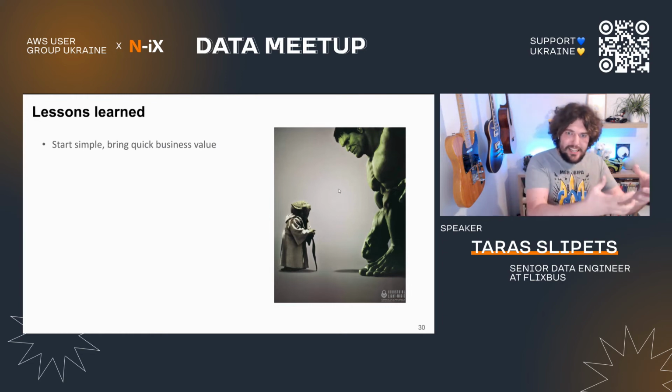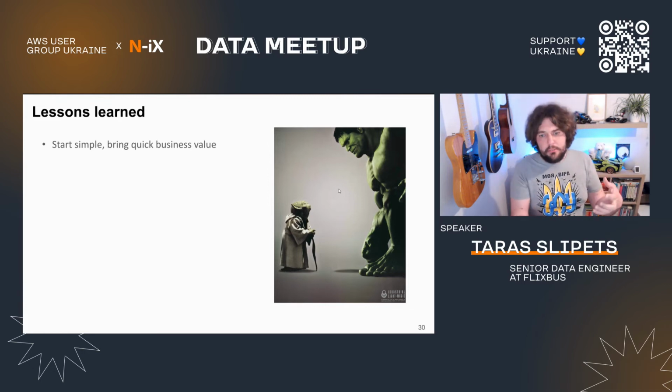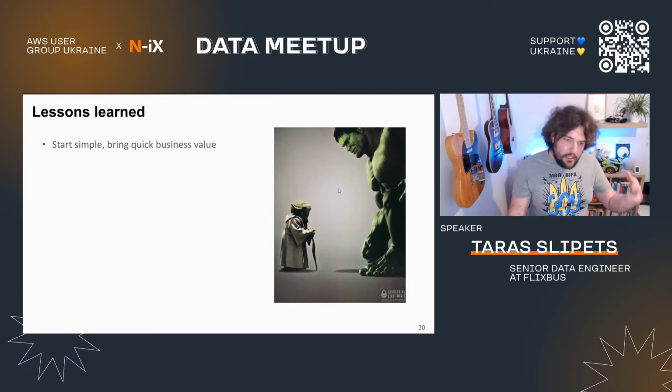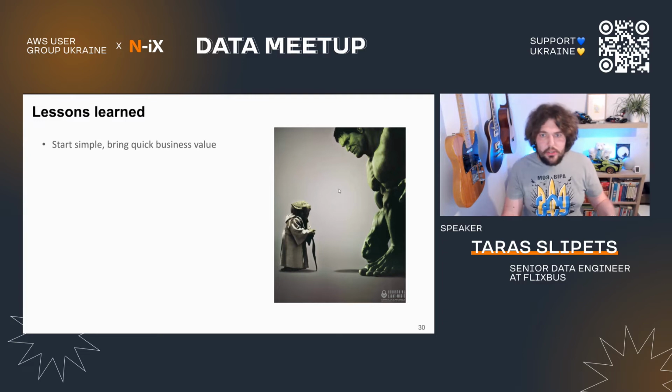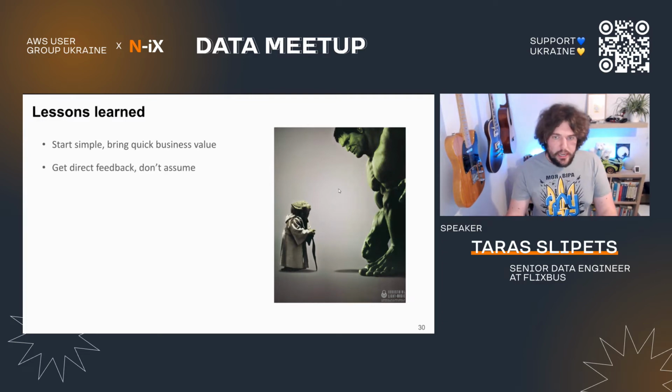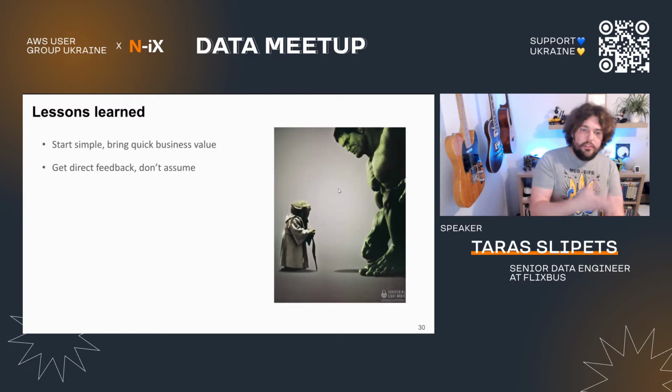The things that we do had a positive impact on the business, and that allowed us to continue more efficiently and gain credibility, reputation, and all those non-technical organizational things. Also, it's always nice to get actual feedback.